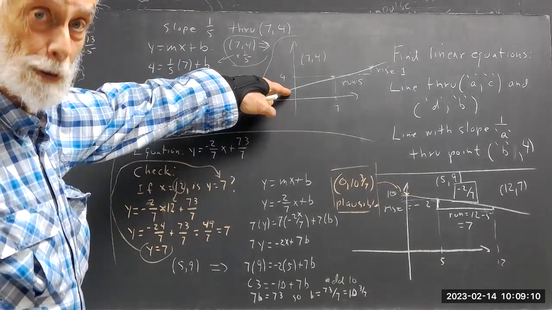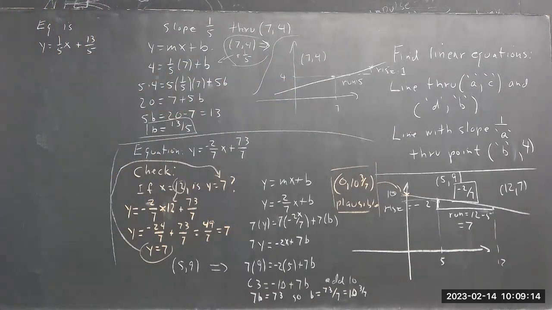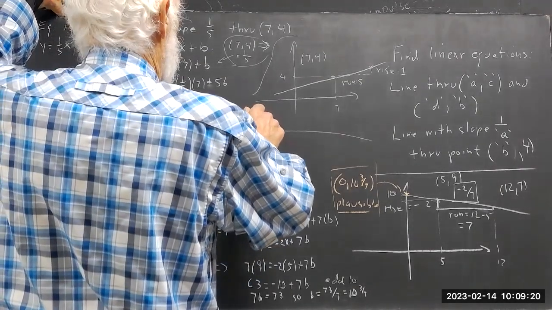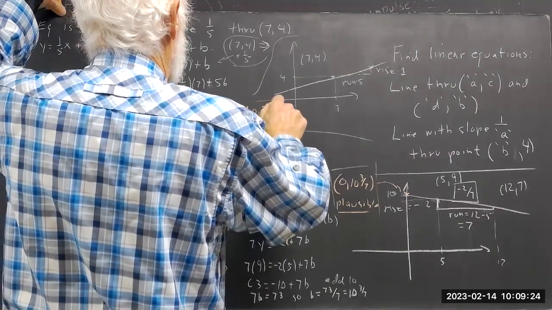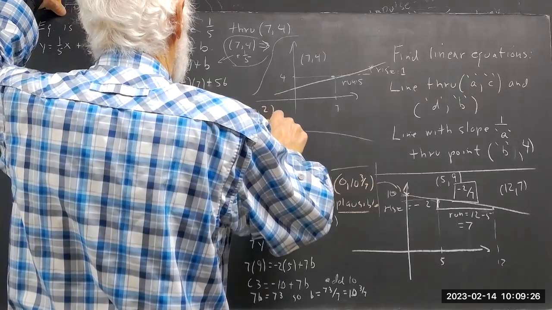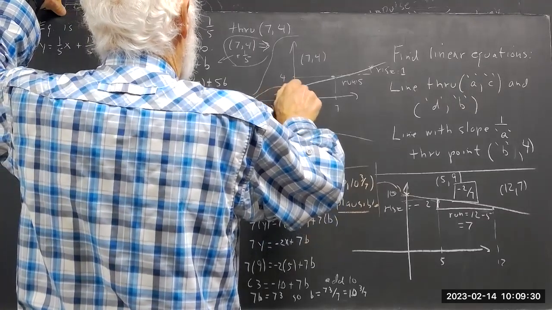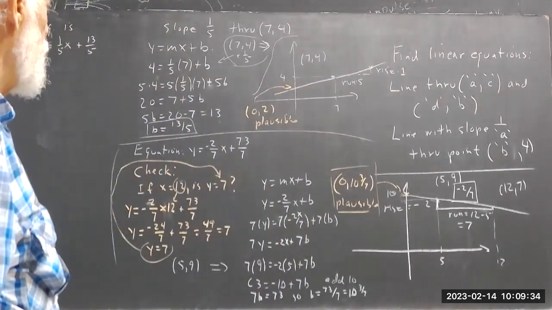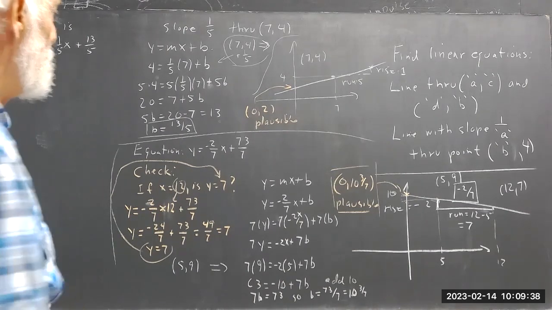I thought it might be a little bit lower than that. But we can look here and say that maybe 2 is plausible.